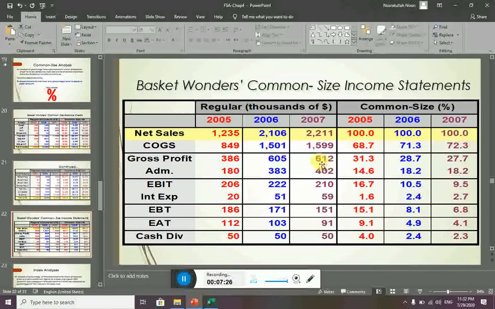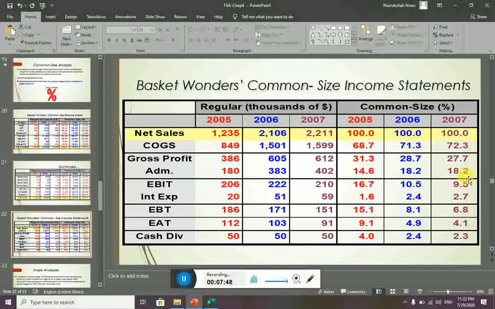Similarly, 612 divided by 2211 multiplied by 100, you will get 28.7%. Similarly, 402 divided by 2211 multiplied by 100, you will get 18.2%. Now what does it mean here?